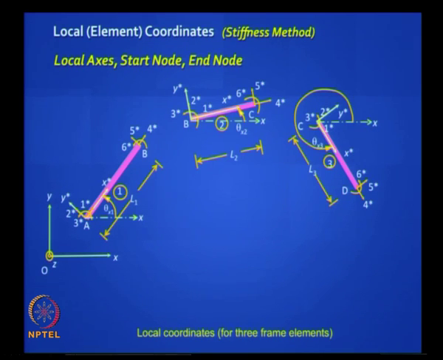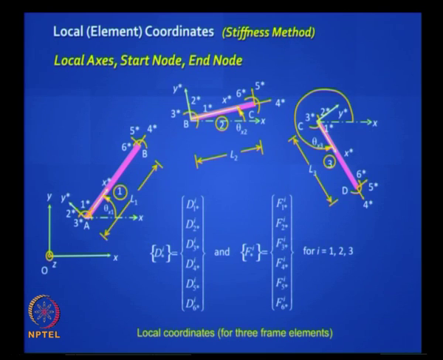Good. Now for each element, for the ith element, let's say this is a simple structure with 3 elements. I can have a structure with 525 elements. So I is a generic index that I will use. This is the definition I use.